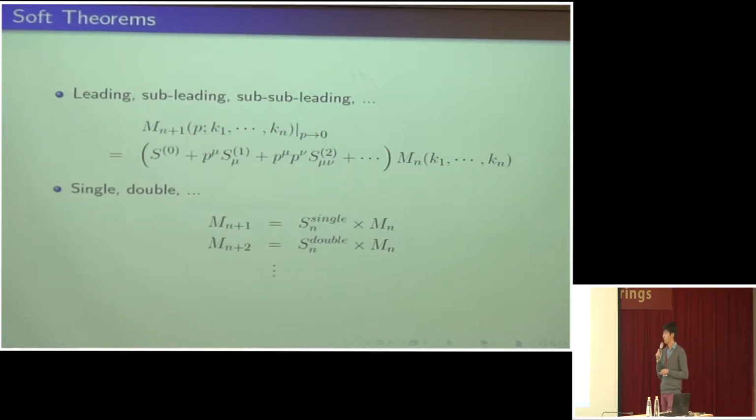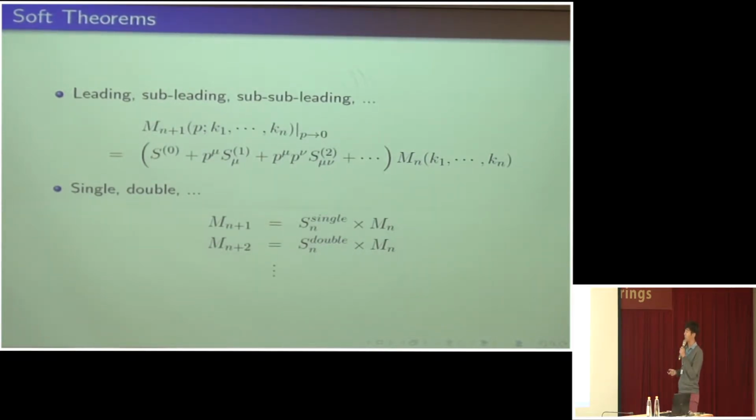Okay, and not every amplitude will have a soft theorem, and some amplitudes will have a 0 soft theorem, which means if we have an n+1 point amplitude and we take p to be 0, then it should be 0. And some amplitudes have a divergent soft theorem, which means that this expansion starts at the order of 1 over p.